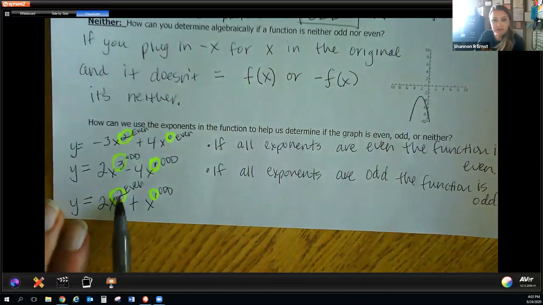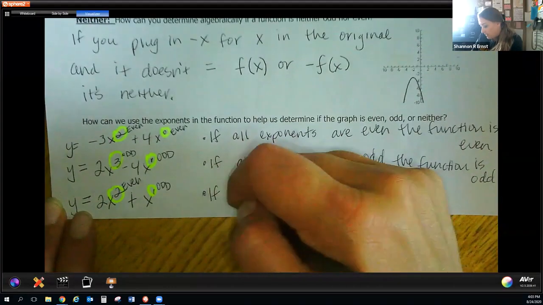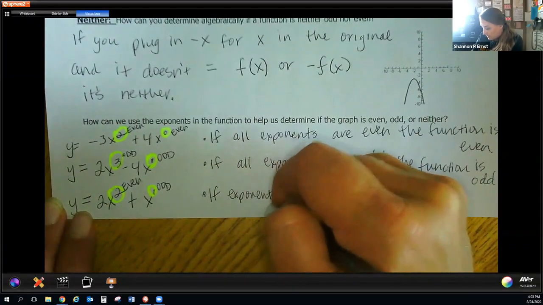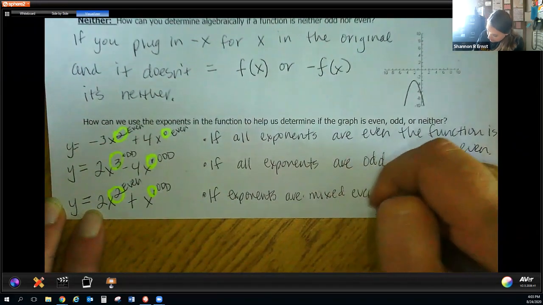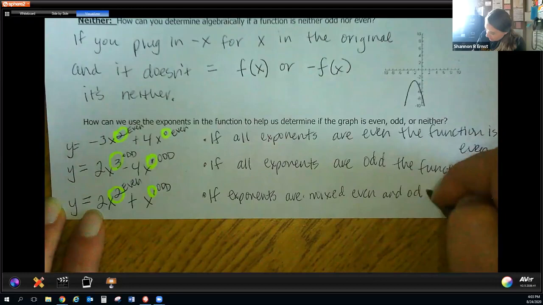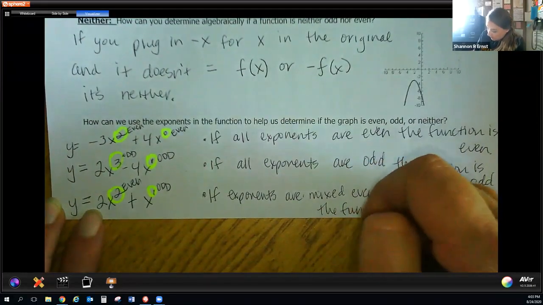So we have a mix of even and odd. So if exponents are mixed, even and odd, then the function is neither.